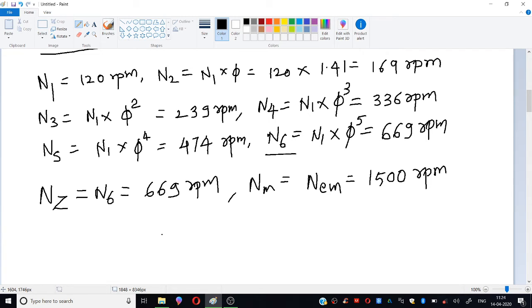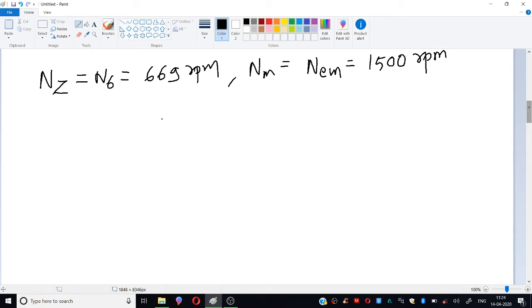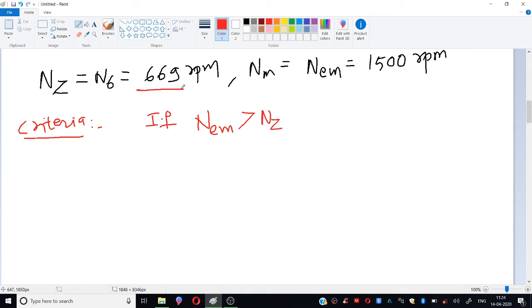Now here also we have one criterion for drawing a ray diagram. The criterion says that if the speed of the engine motor is greater than Nz, this value 669, which is the condition in our problem, then the vertical lines we need to draw will be n plus 2.